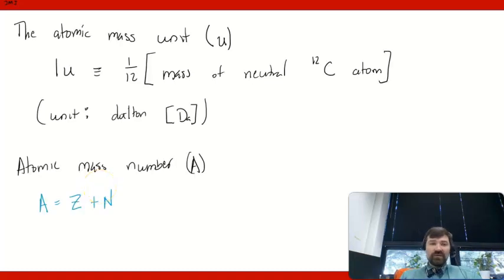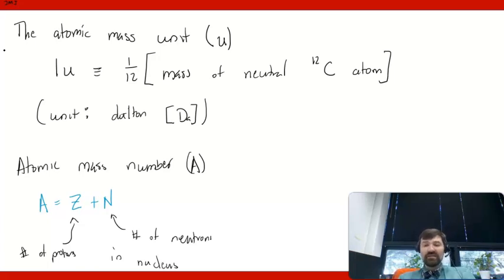So recall that you have this thing called the atomic mass number A, which is given by the number of protons in the nucleus plus the number of neutrons in that same nucleus. And so if you have A equals, let's say, 10, that could be formed by having, say, 6 protons and 4 neutrons.